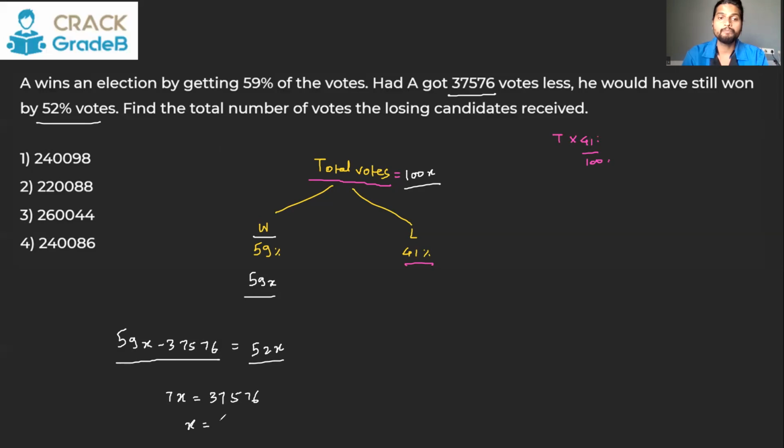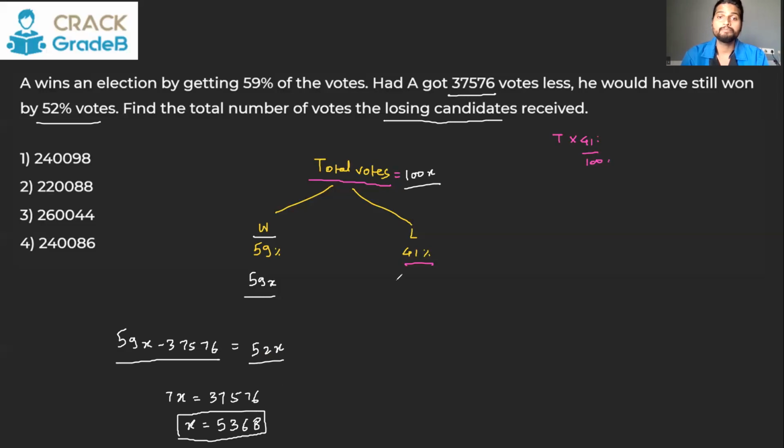And then x will be equal to, 7 5s are 35, 7 3s are 21, 7 6s are 42, and then 7 8s are 56, 5368 is the value of x. They're asking what is the number of votes that the losing candidates receive.